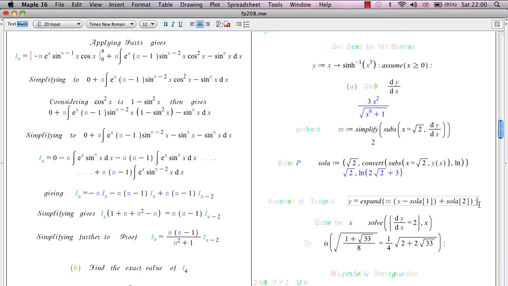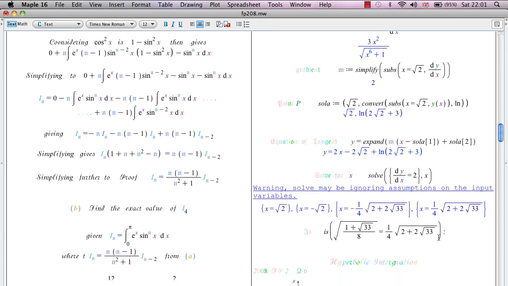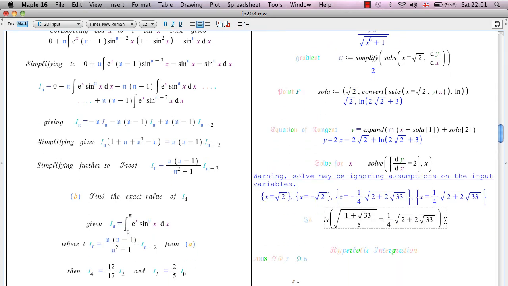So the point P, the equation of the tangent, solving for 2.